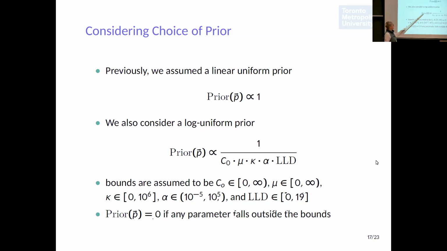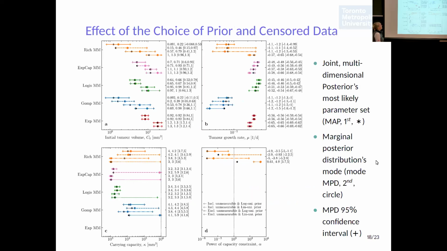So here we considered a log uniform prior and compared it with the linear uniform prior, which is what was done before. And these are the bounds we worked with, which are large enough that they are very inclusive and very generous. And this is the results.